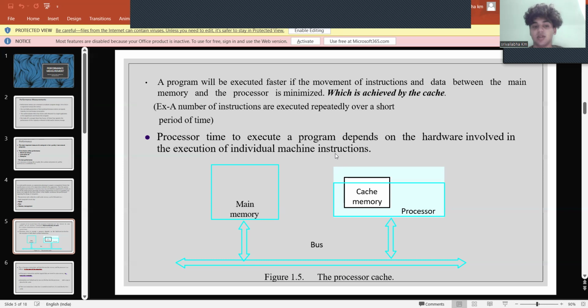Each machine has its own execution time because the hardware involved depends on it, so the processor time is different for different machines or computers.